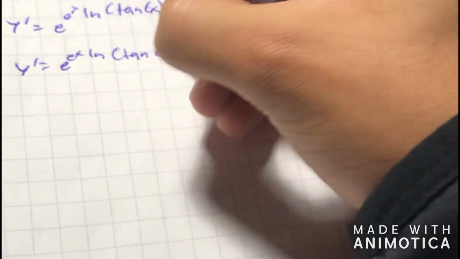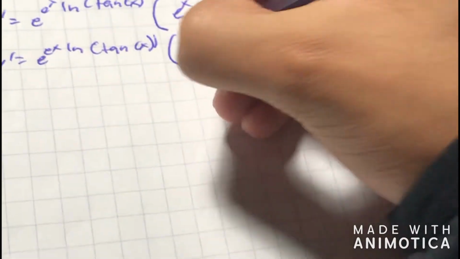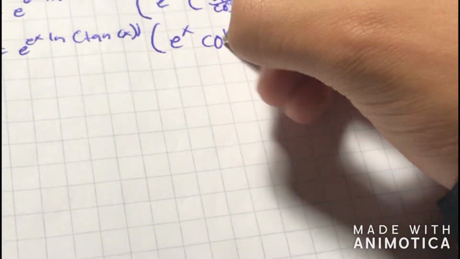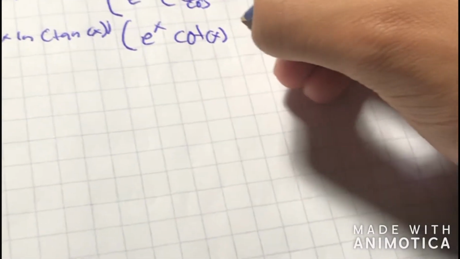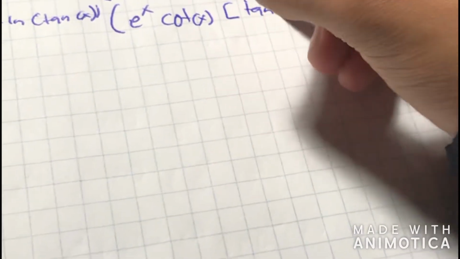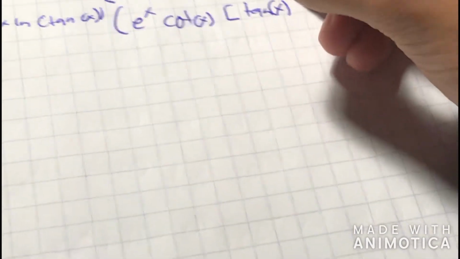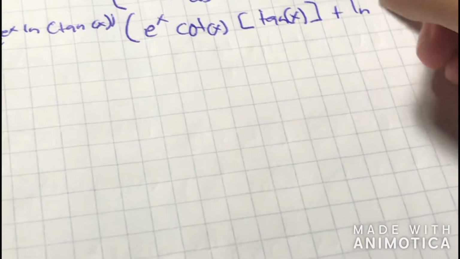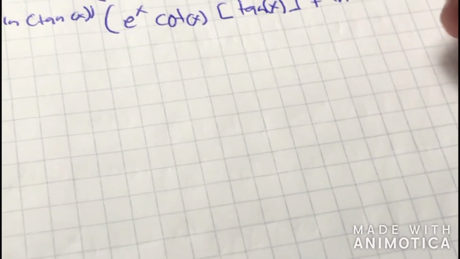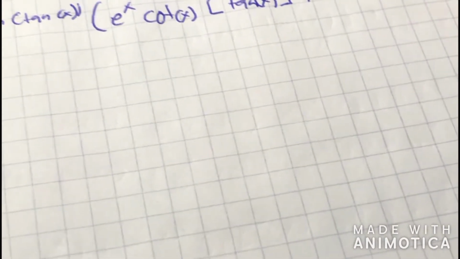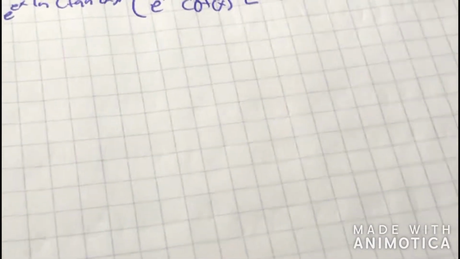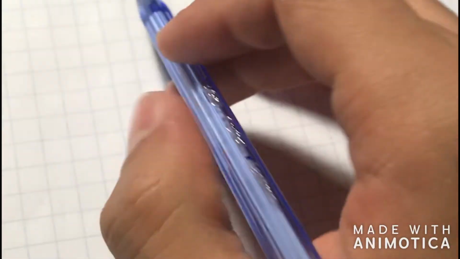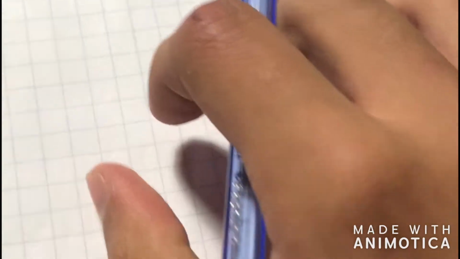tan of x to ex, then cot of x times tan of x plus ln tan of x times the e with the power. Now, the derivative. We need to have the derivative of tan, so we're gonna change it into sec squared.